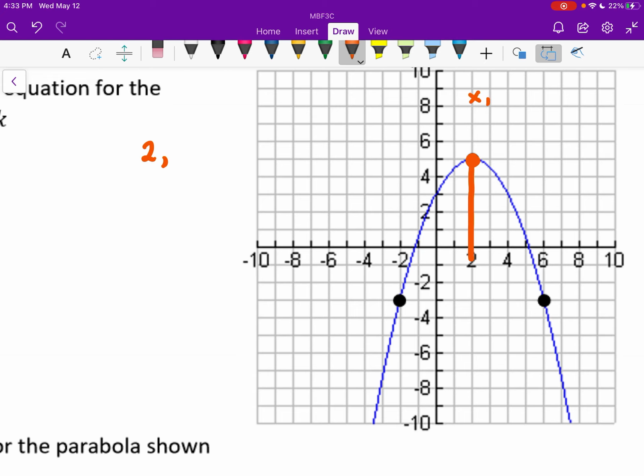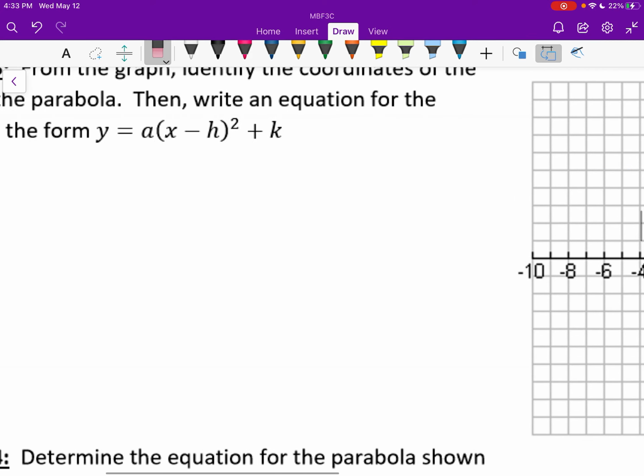So I'm going to write x, y: 2 and then 5. So I know that the coordinates of my vertex are 2 and 5. And I know that my vertex is indicated by h and k, so I have my h value and I have my k value.